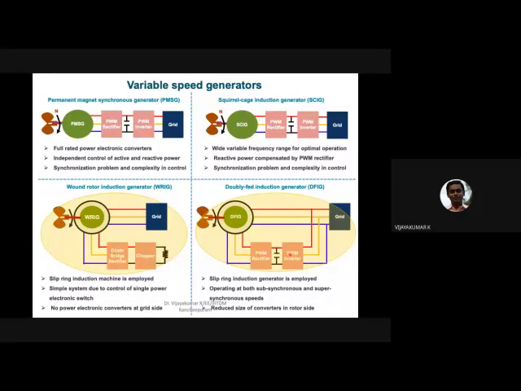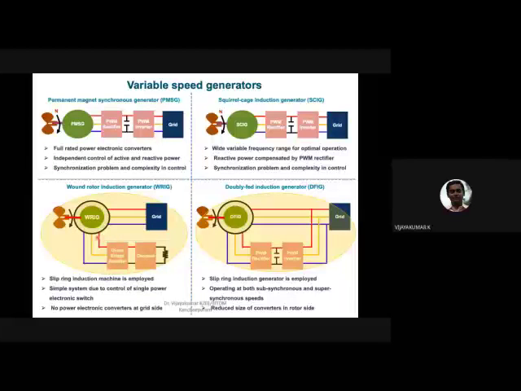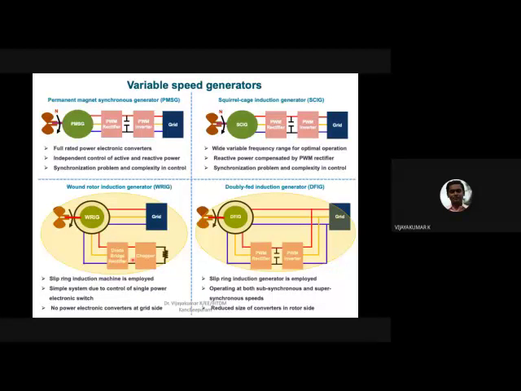Why do we say the power converter rating is 30%? Here we are accessing only the slip power at the rotor side. If the slip ring machine operates at 20% or 30% slip, then the converter at the rotor winding will also handle only 20% or 30% of the power. That's why the power converter rating in these two topologies is 30%.